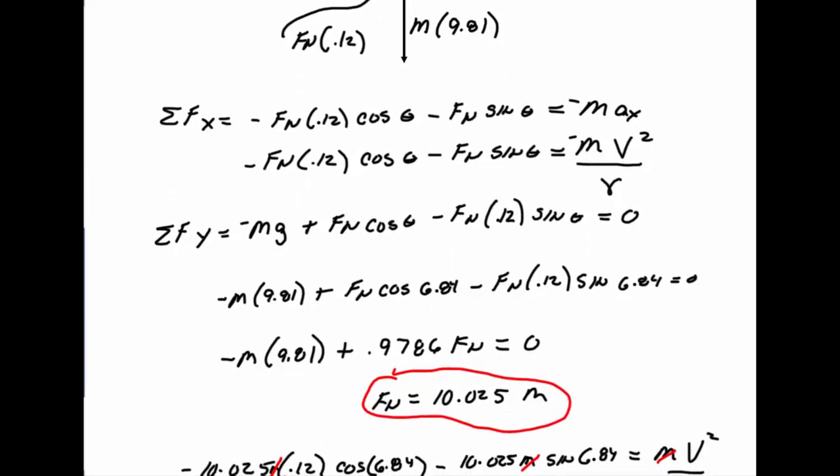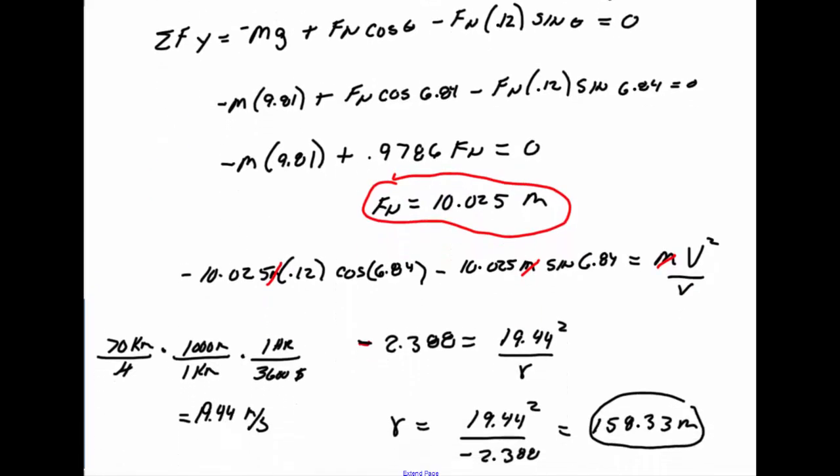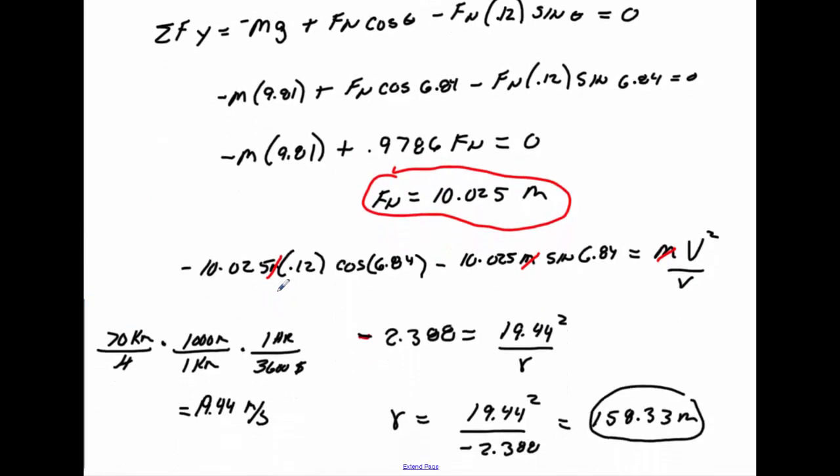Then I summed my forces in the y direction, and I set the friction equal to the normal times mu. I got my normal force. I put that back into my equation here. I need to cancel this out too.